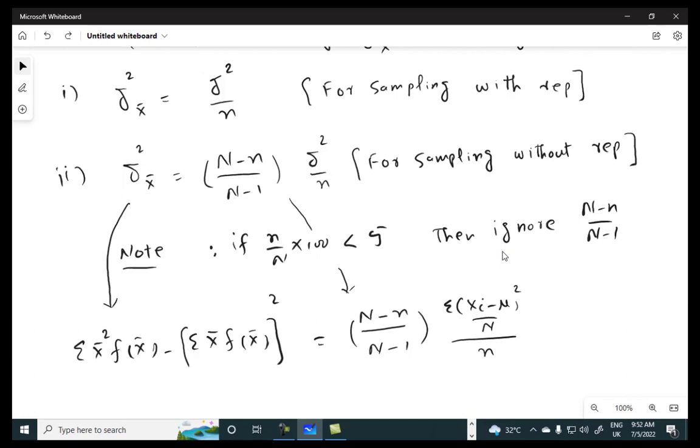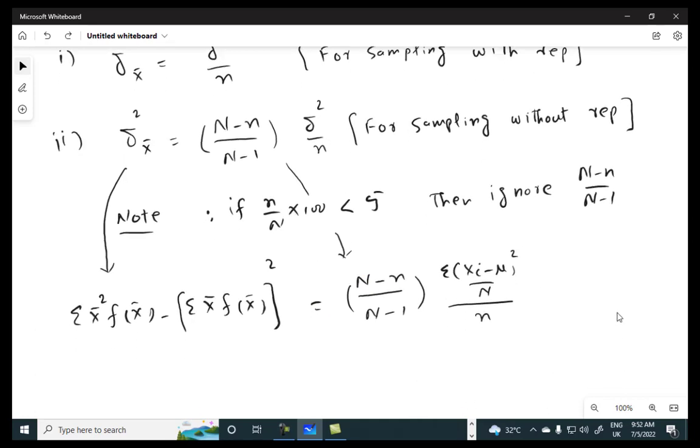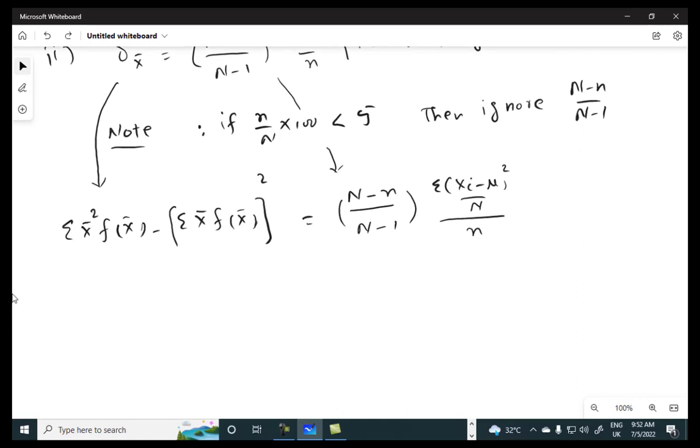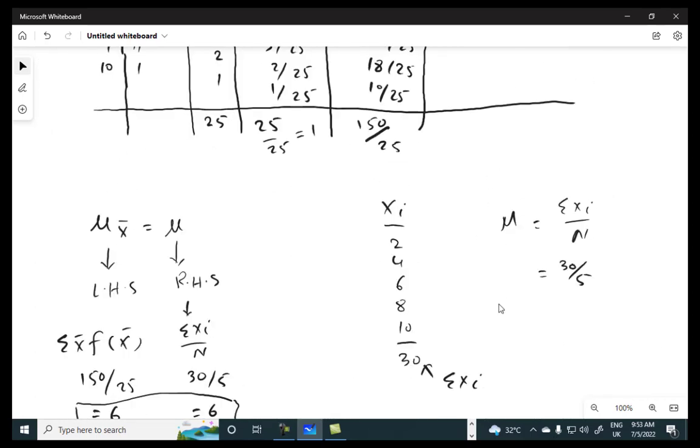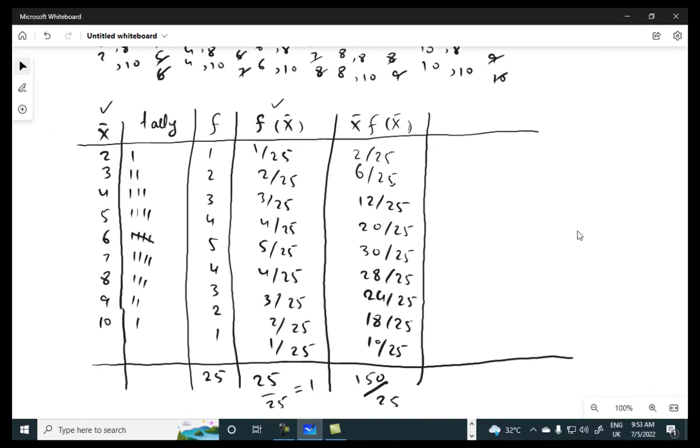In our example we used sampling with replacement, so the mean has already been calculated, which is equal to 6, and we have to take its whole square. What we need is the computation of this term, which is equal to x bar square into f of x bar, calculated in the same table.